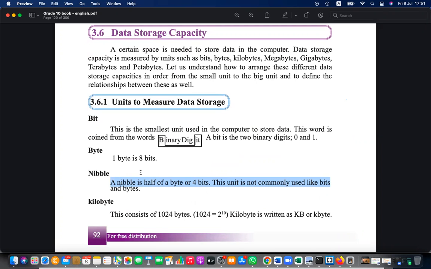Then how many bits are there in a nibble? 8 bits is a byte. Half byte is a nibble. Then how many bits? Four bits. Yes, it's 4 bits, right?